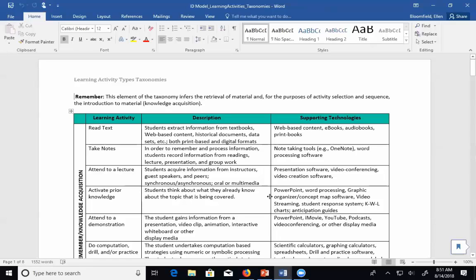Now, with higher ed, we can't delineate activities by subject because y'all teach some weird stuff, okay? However, what we all teach to is the levels of learning of Bloom's taxonomy, regardless of if you're clinical or not. At some point in the ball game, your objectives will have those words in them.